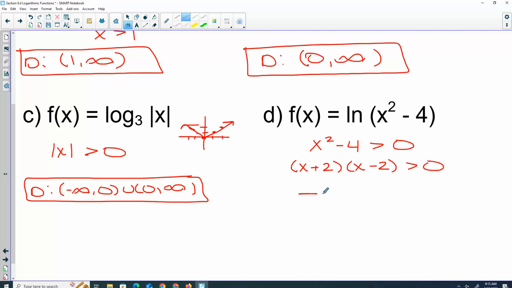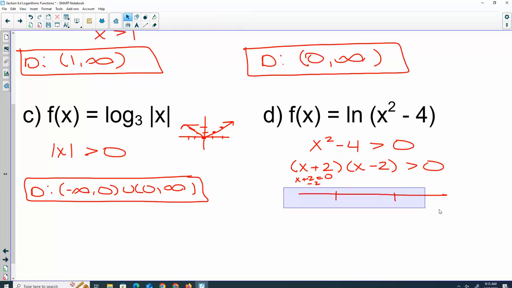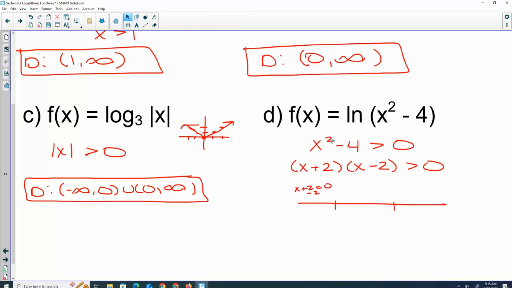Remember when we were trying to decide when this is greater than 0, we found out when it was equal to 0. X plus 2 equals 0, that is at negative 2. If x minus 2 is equal to 0, that is positive 2.